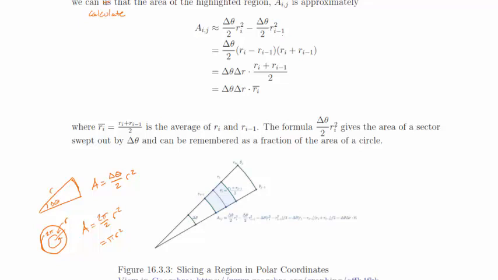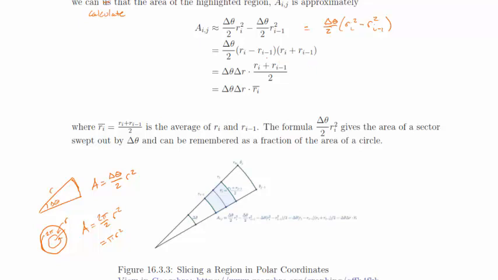We're actually going to factor this out a bit, so the delta theta over 2 can come out, and then we have a difference of squares here. I'll fill in an extra step for you. We factor out the delta theta over 2 and get r sub I squared minus r sub I minus 1 squared. Then this is a difference of squares that we can factor. So we get delta theta over 2 times r sub I minus r sub I minus 1 times r sub I plus r sub I minus 1.